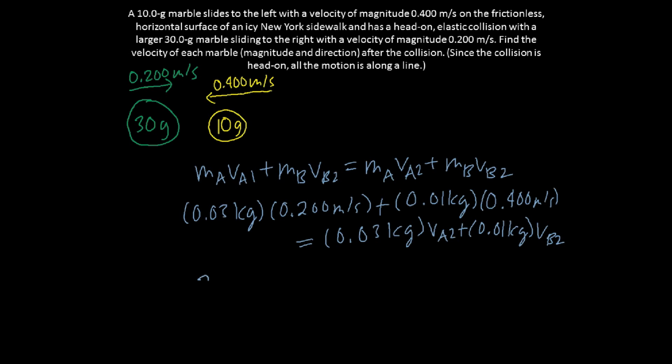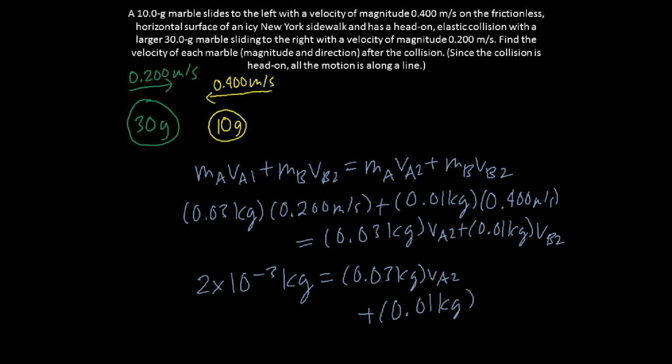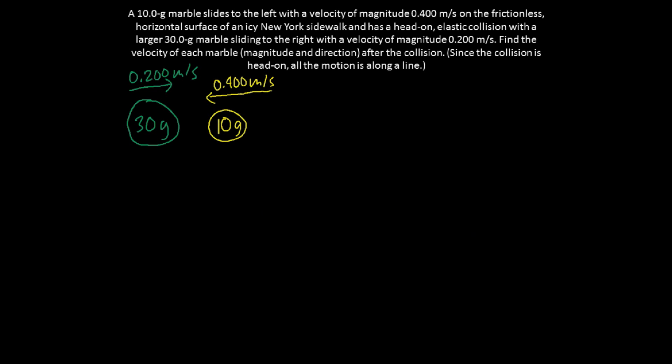It will give us 2 times 10 to the negative 3 kilograms equals 0.03 kilograms VA2 plus 0.01 kilograms VB2. So let's write that equation in here: 2 times 10 to the negative 3 kilograms equals 0.03 kilograms VA2 plus 0.01 kilograms VB2.